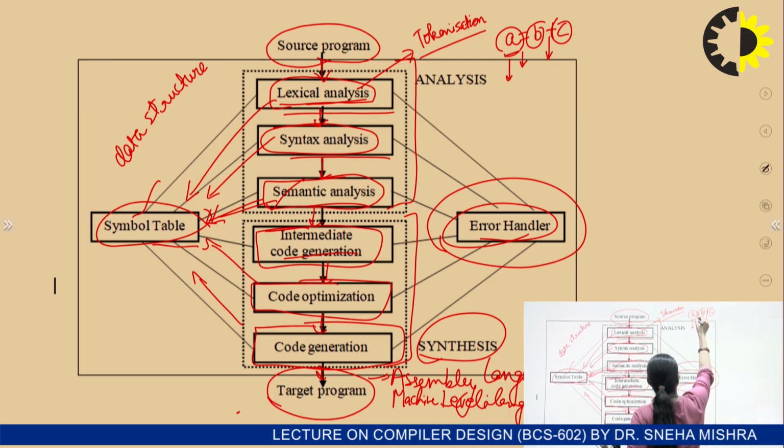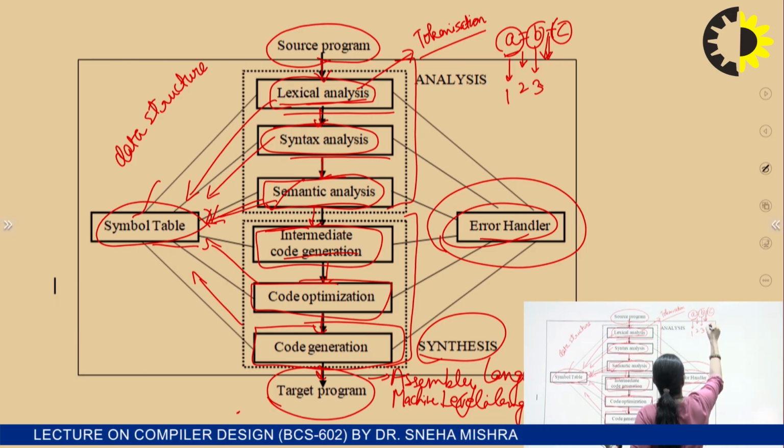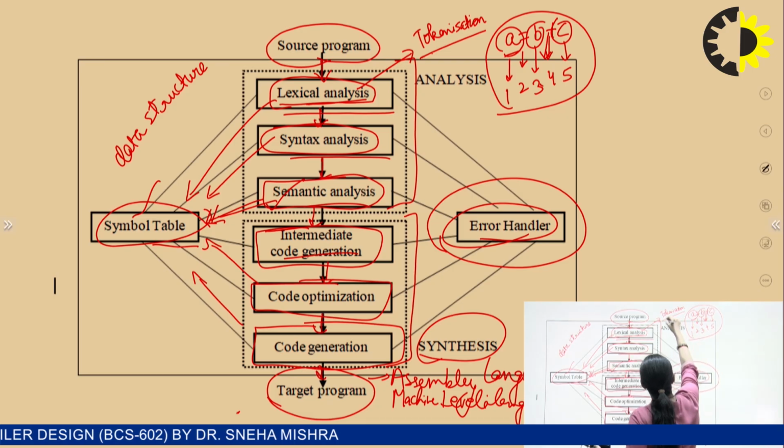So I'll say this A is token 1, this equals sign is token 2, this B is token 3, this plus is token 4, this C is token 5. So this tokenization of the whole program is done in the lexical analysis phase.